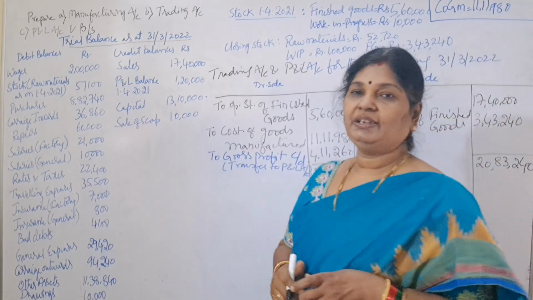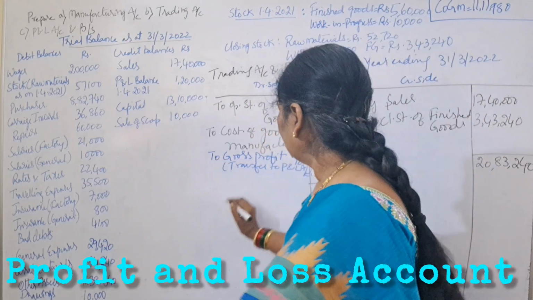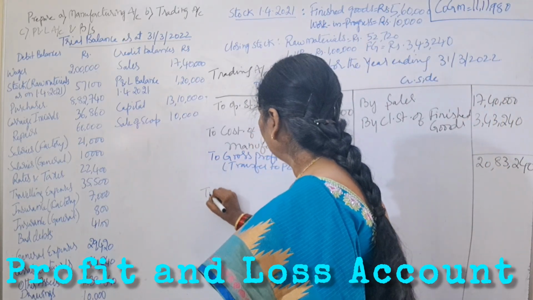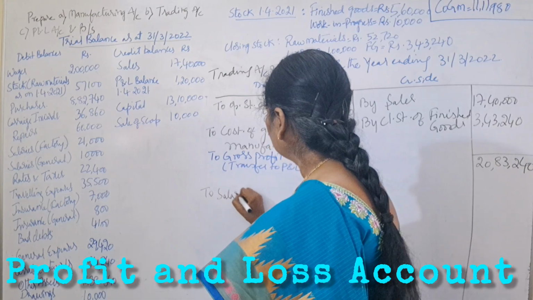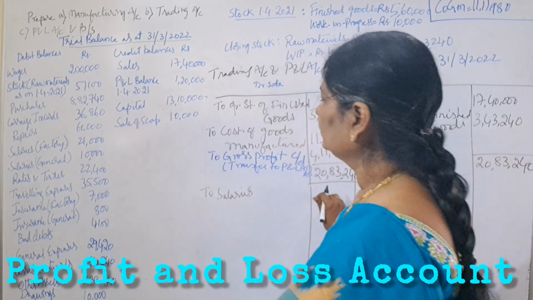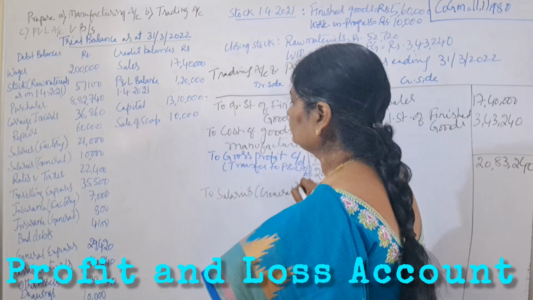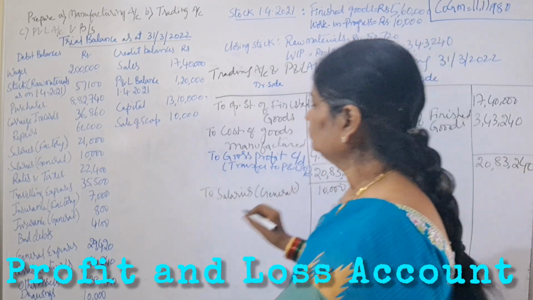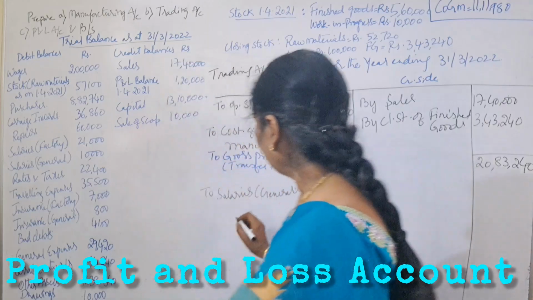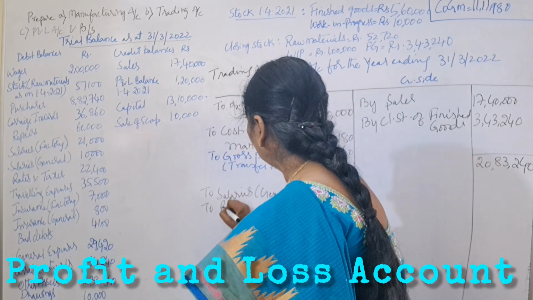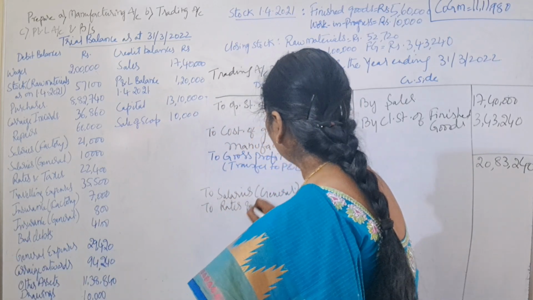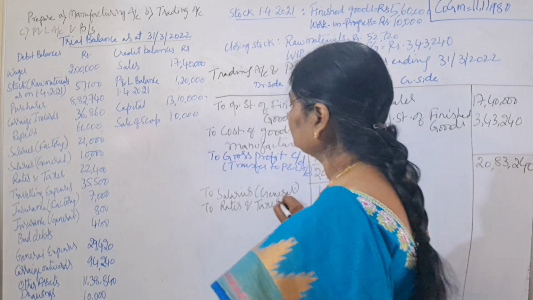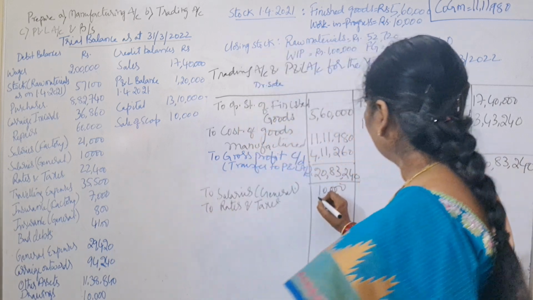Next we will do profit and loss account. Here we'll take salaries, to salaries general, 10,000. Next, rates and taxes, 22,400.